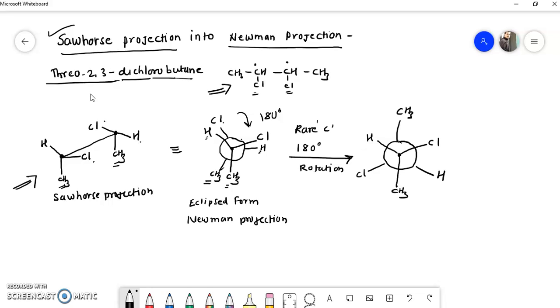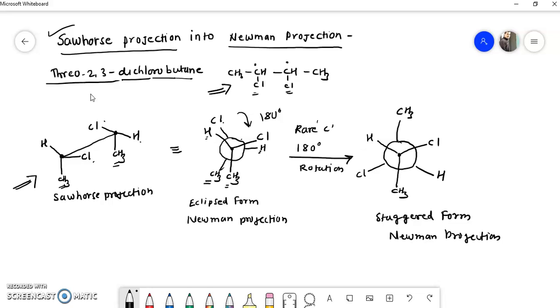So this is the staggered form of Newman projection. Instead of rotating the rear carbon, we can also rotate the front carbon by keeping the rear carbon constant. In the same way, you can rotate the front carbon also and draw the staggered form of this molecule.